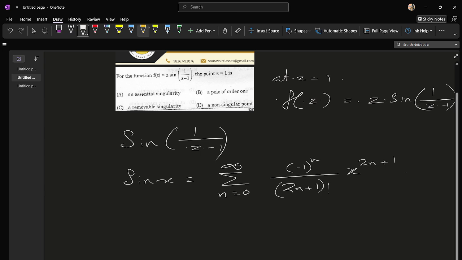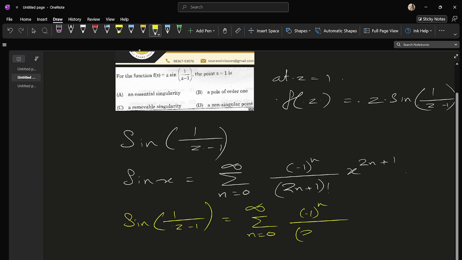Now if we substitute x = 1/(z−1), we get sin(1/(z−1)) equal to the summation from n = 0 to infinity of (−1)^n / (2n+1)! times 1/(z−1)^(2n+1).